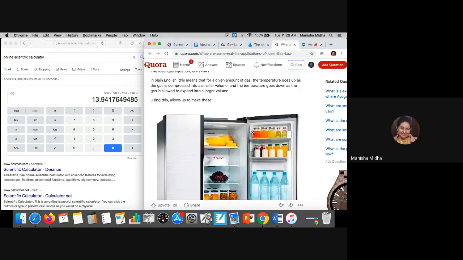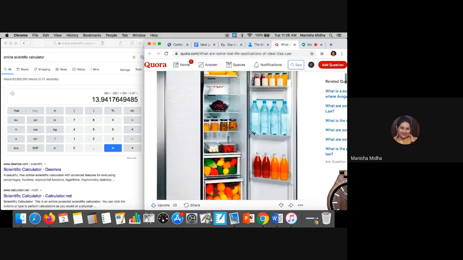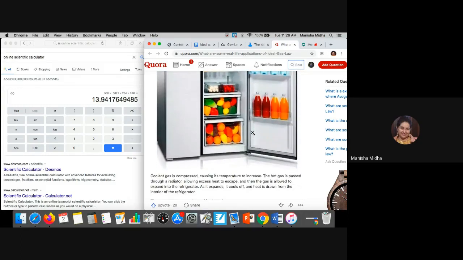I will show you another application: the fridge. It does cooling. And how does it do cooling? By using gases. The coolant gas is a special gas that is put in the refrigerator, and that gas is highly compressed. Compressed means the volume is really really low, it's in a very tiny space, and the effect of volume is on the temperature.